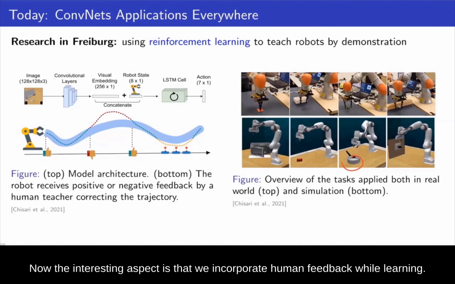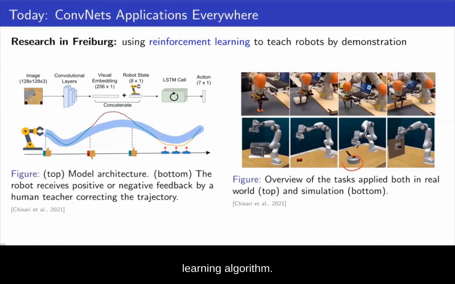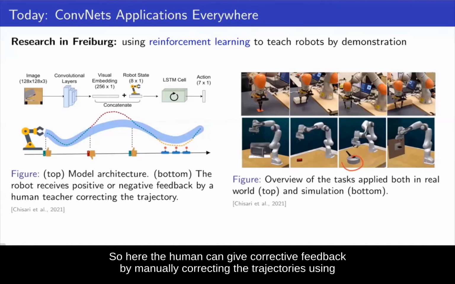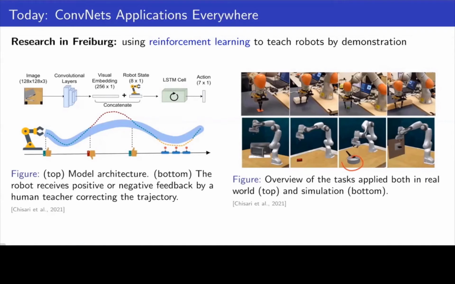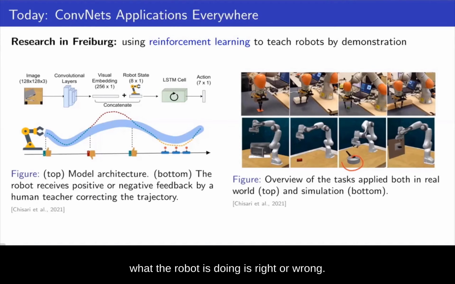Now, the interesting aspect is that we incorporate human feedback while learning. So here the human can give two types of feedback to the reinforcement learning or the imitation learning algorithm. And this can be a corrective feedback or an evaluative feedback. So here the human can give corrective feedback by manually correcting the trajectories using the keyboard keys or a joystick, or it can also give evaluative feedback, by just saying whether what the robot is doing is right or wrong.